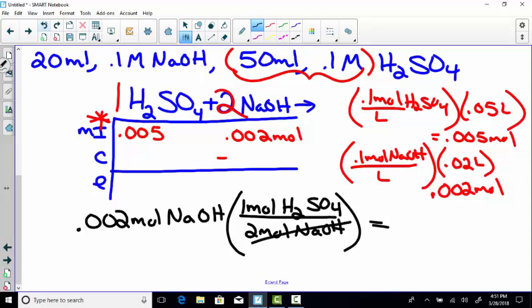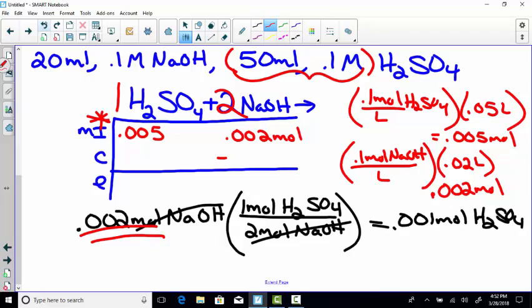My moles of NaOH will cancel, which means I'm only going to use up 0.001 moles of H2SO4. Okay, so you see that? This 0.002 moles of NaOH only uses 0.001 moles of H2SO4.